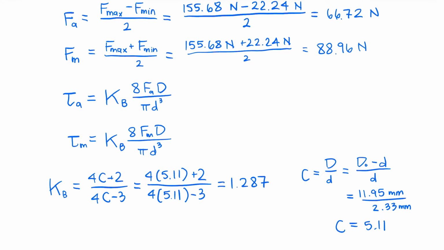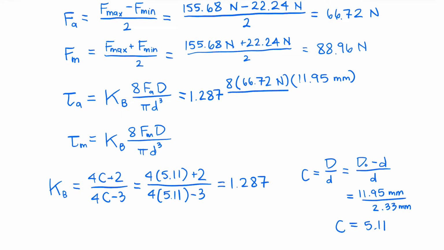Okay, and now let's plug it all in. We've got everything we need. So our alternating stress is 1.287 times 8 times 66.72 newtons times 11.95 millimeters.